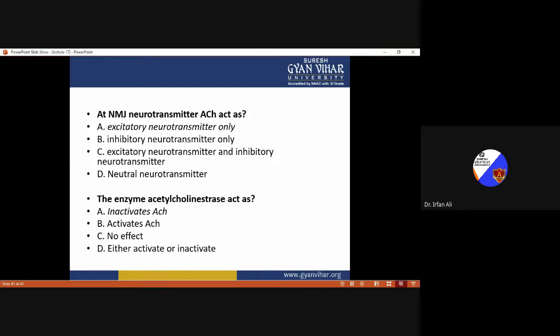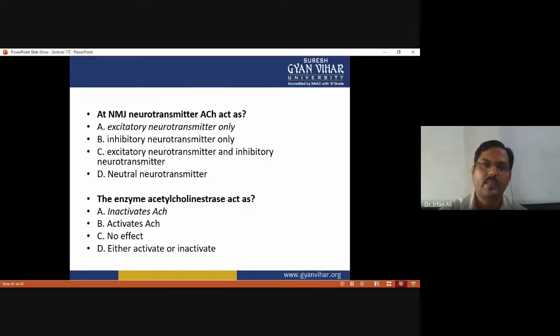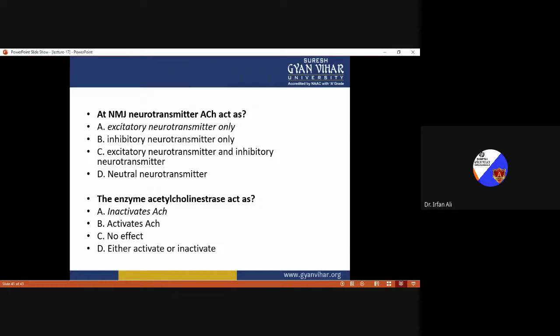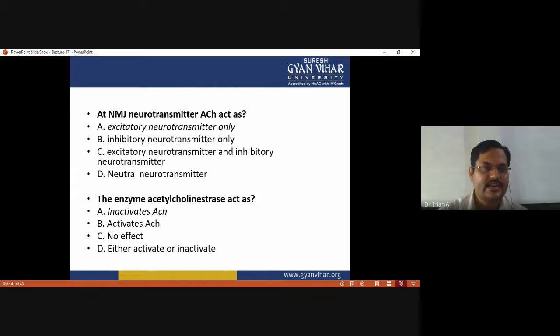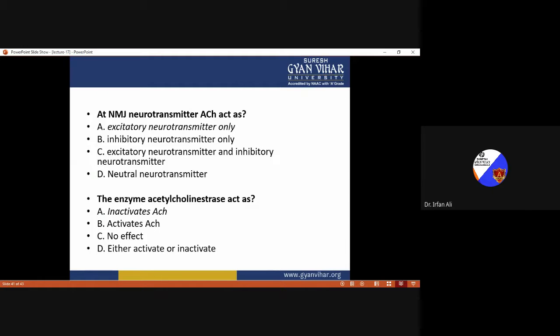At the neuromuscular junction, the neurotransmitter acetylcholine acts as an excitatory neurotransmitter only, as we discussed in this lecture, so option A is correct. The enzyme acetylcholinesterase inactivates acetylcholine.